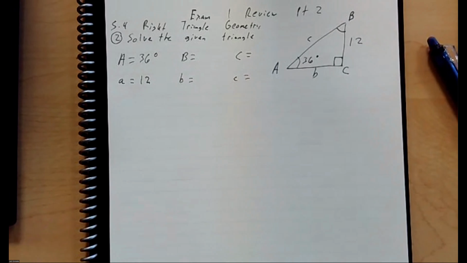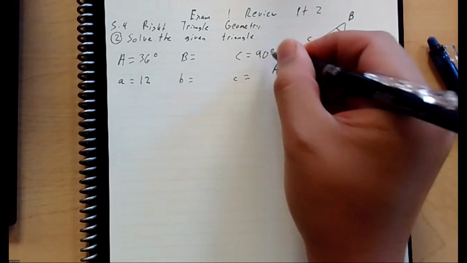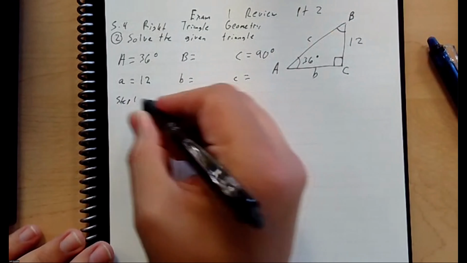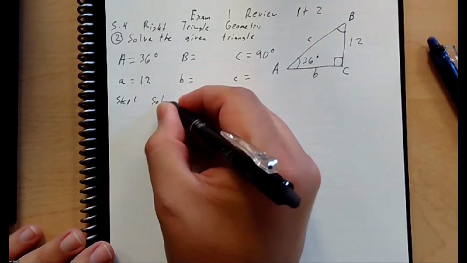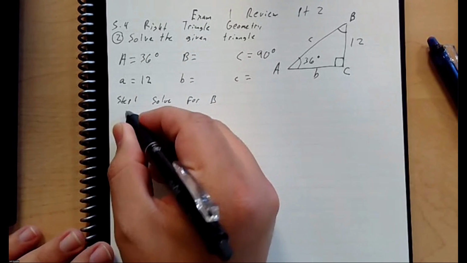Capital B. We don't have it. Do we have C? Yes. Yeah, it is technically given. So how would you find B?